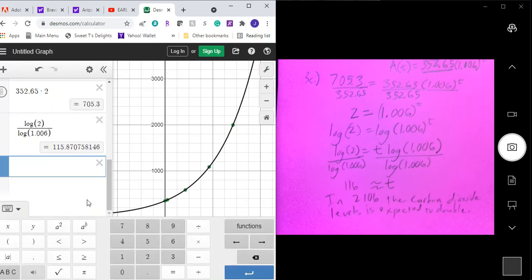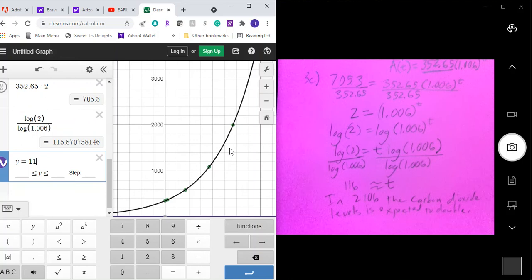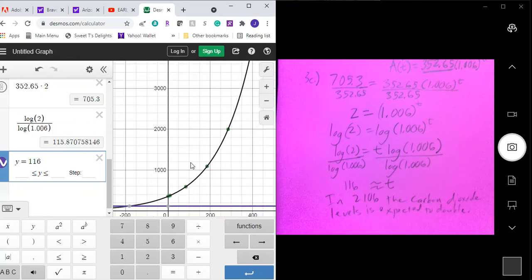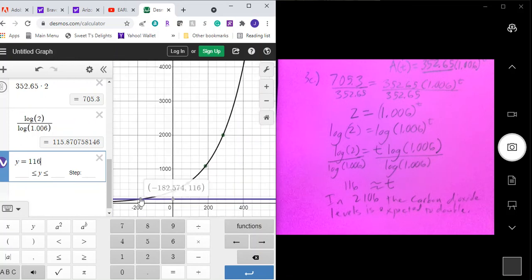Since we already have our graph here, we could theoretically put y is equal to 116. And if you go here, well, actually, no, that wouldn't work. Hold on one second.